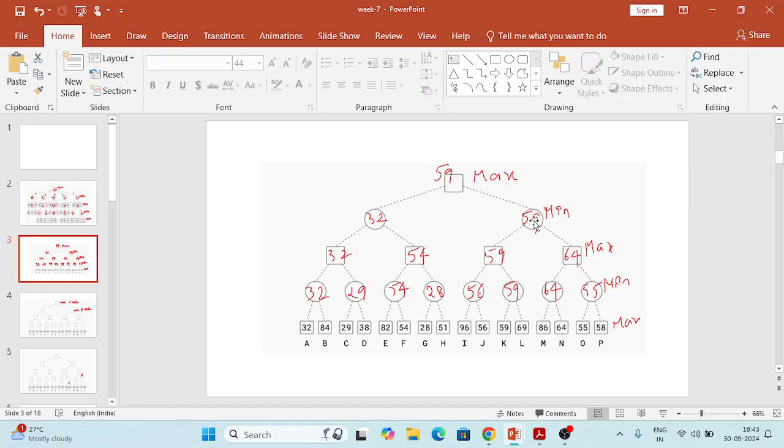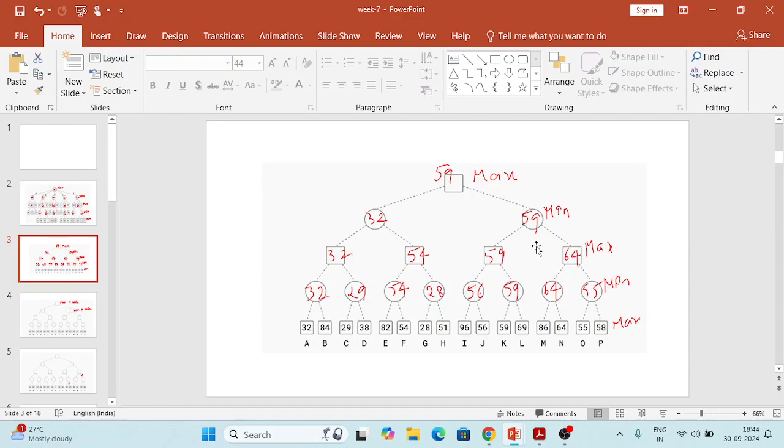Again you see this 59. Selecting this 59 at this minimum node will be affected by this 64. If we had a value less than 59 in place of 64, this minimum node would select that value instead of 59, because it is less than 59.